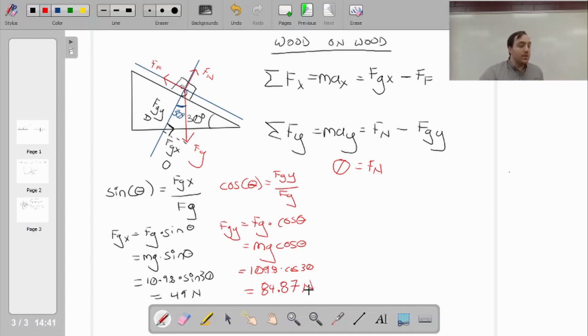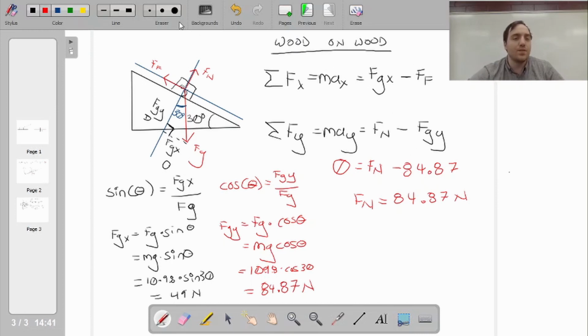Now that I have these numbers, I can solve the rest of this problem. I can go back and plug the numbers in. FGY I have here is negative 84.87, which means my force normal is 84.87 newtons.